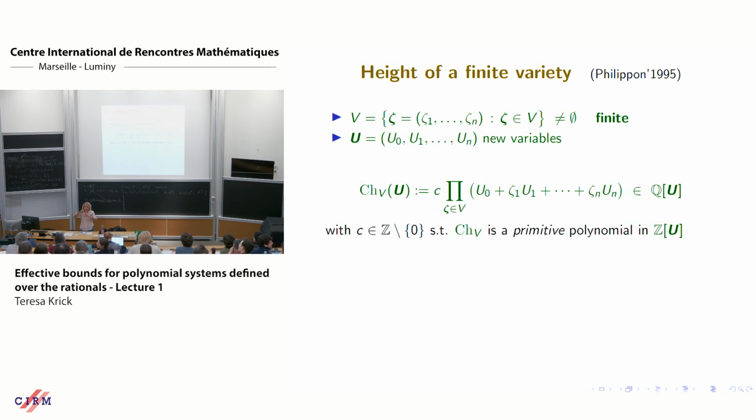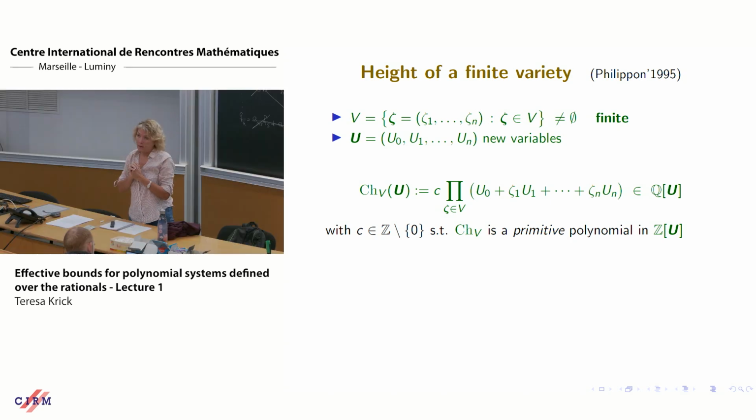You have an interplay of roles here. So anyway, Philippon defined the height of his zero-dimensional variety through this Chow form. It's related to the height of the Chow form. Actually, it's not exactly the height of the Chow form. His definition is a little bit more subtle. It's a kind of Mahler measure of this polynomial.